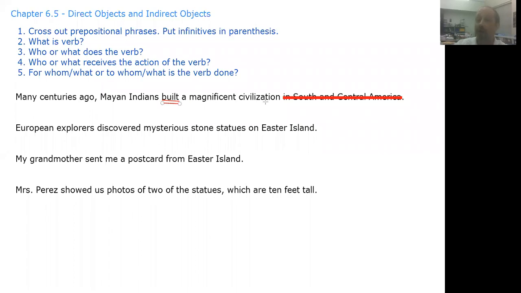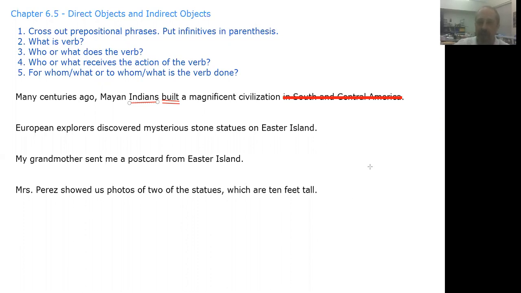Then I ask who built. Who's doing the building? The Indians did the building. That's my subject. Mayan is an adjective, right? I'm focusing on just the simple subject. So Indians is my subject. Built is my verb. And now I ask, whom or what receives the action of the verb? In other words, the Indians built what?